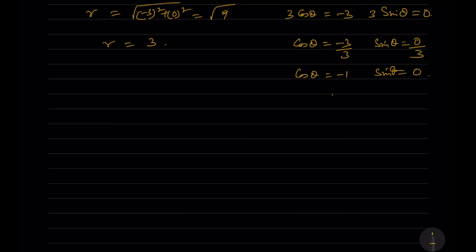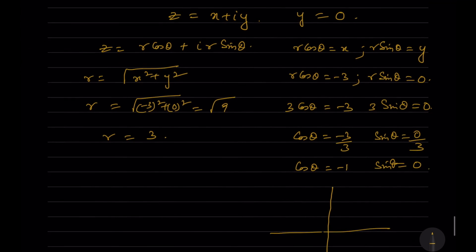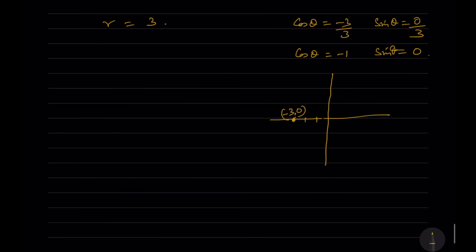In this problem it lies on the x axis, that is on the negative axis. If you take this as minus 1, minus 2, minus 3, it lies on this point, that is minus 3, 0. Now we have to see the angle where we are going to get cos theta is equal to minus 1 and sin theta is equal to 0.